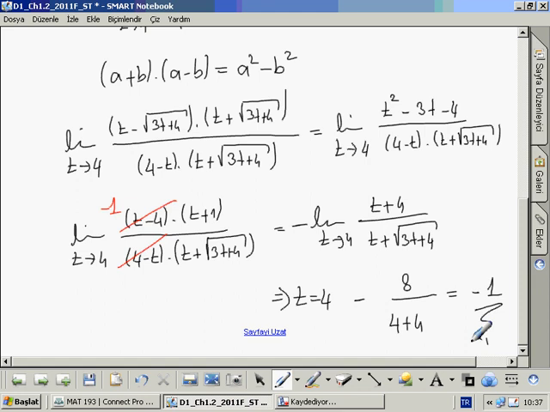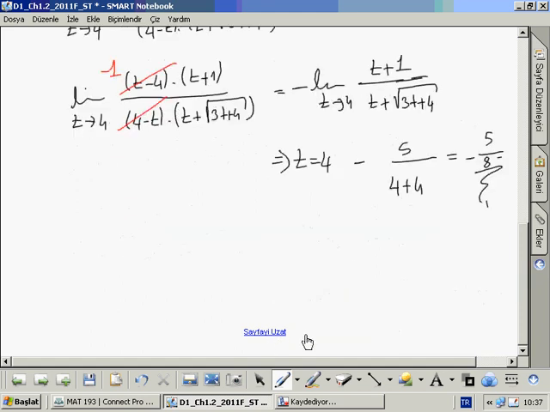Oops, I'm sorry, I think this part was not 4, right? This one plus 1, so 5, and this will be minus 5 over 8.